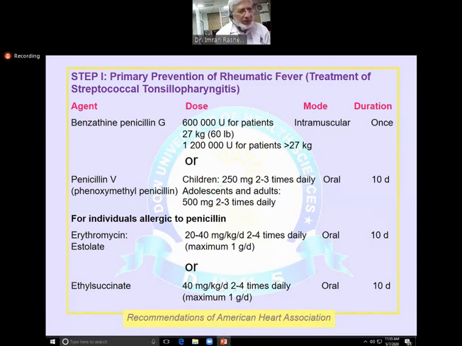Another option, if erythromycin is not available, is ethyl succinate 40 mg per kg per day, 2 to 4 times daily orally for 10 days. So there are two options for those who are allergic to penicillin: either erythromycin 20 to 40 mg per kg per day in 2 to 4 divided doses for 10 days, or ethyl succinate 40 mg per kg per day in 2 to 4 divided doses.